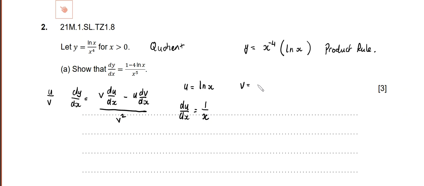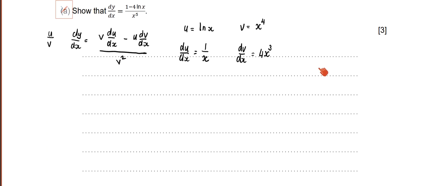v, we've got x to the power of 4. So dv dx is... Then we just need to put all that into the quotient rule.